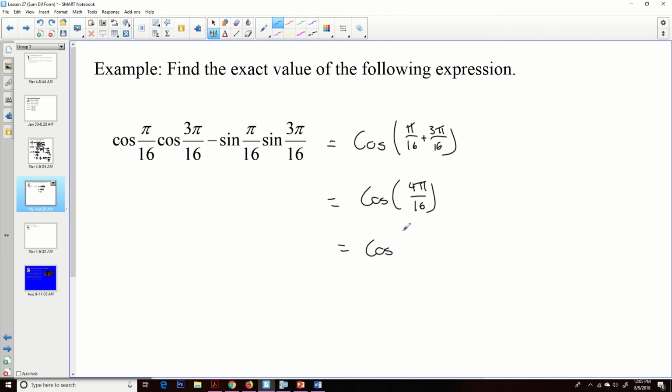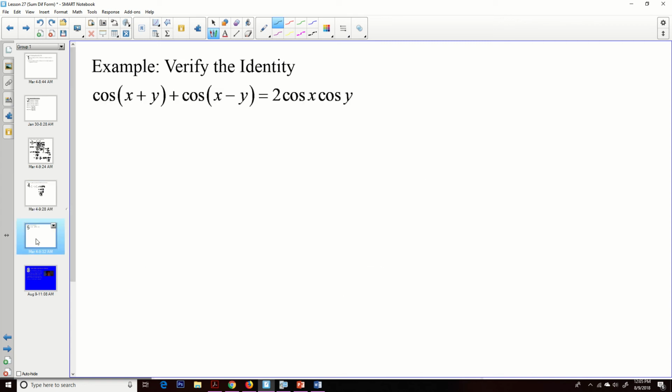The cosine of just pi over 4, and that one is on the unit circle, and we know that the cosine of pi over 4 is square root of 2 over 2. Boom, done.